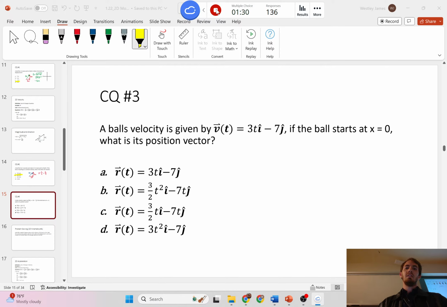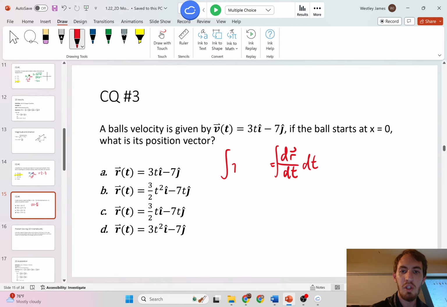So, how do we figure this out? Well, we remember that velocity is the derivative of position with respect to time. What's the opposite of a derivative? An integral. If I integrate my velocity with respect to time, I return my position.